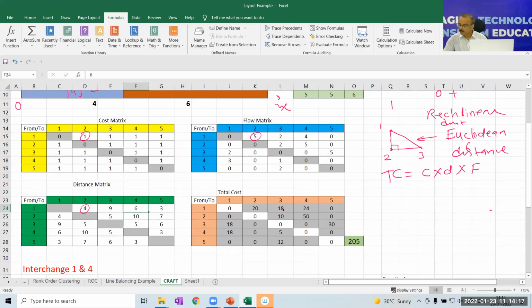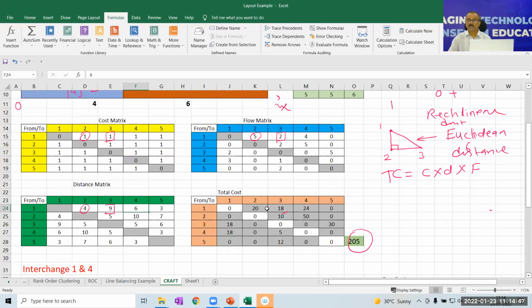Similarly, the total cost of 1, 3 will be 1 into 2 into 9, that is 18. In this way, you have to form the total cost for each pair of departments. For this particular layout, if you sum all these values, it gets to 205.